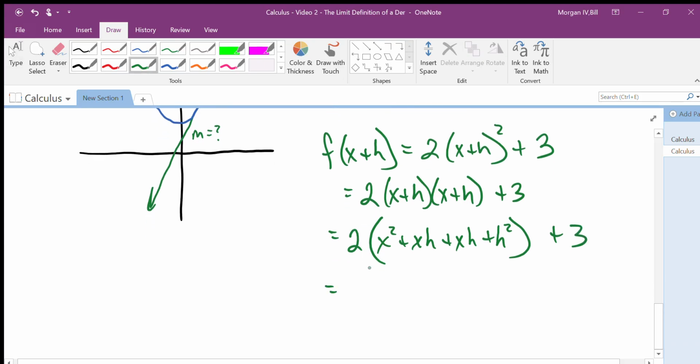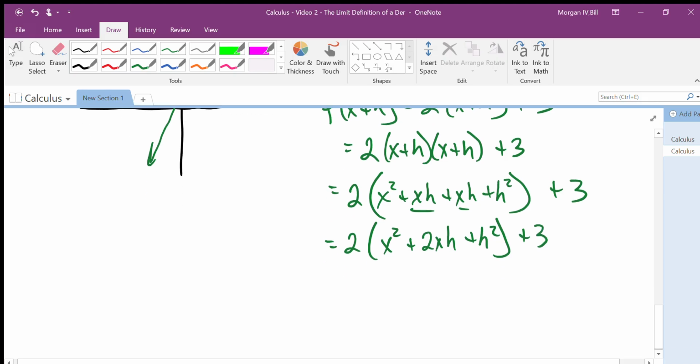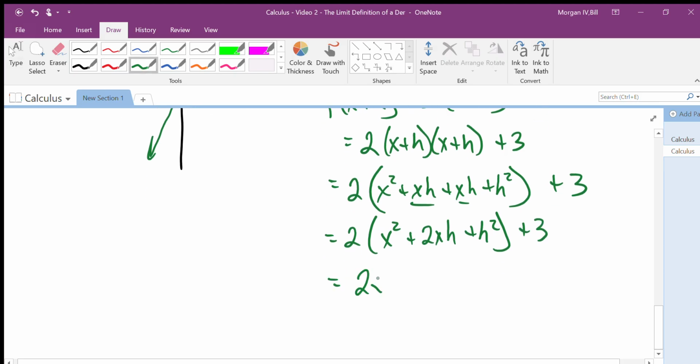This would be 2 times x squared, I have 2 of these xh's, so 2xh plus h squared, plus 3. Distribute the 2, so that's 2x squared plus 4xh plus 2h squared. Don't forget to distribute the 2 to all 3 terms, plus 3. And this is f of x plus h.